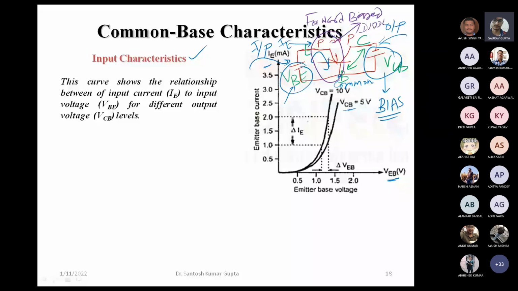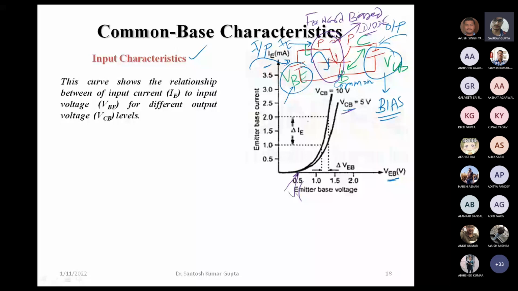Okay, after a certain cut-in voltage, the current exponentially increases. So for a given VCB, we have a set of characteristic, and for another VCB, we have a different set of characteristic. By changing VCB, we can have different sets of characteristics.